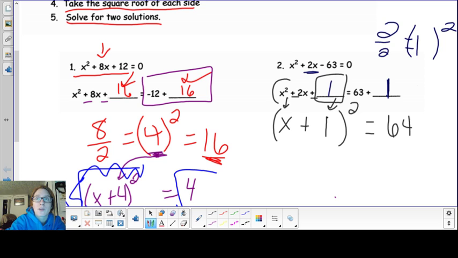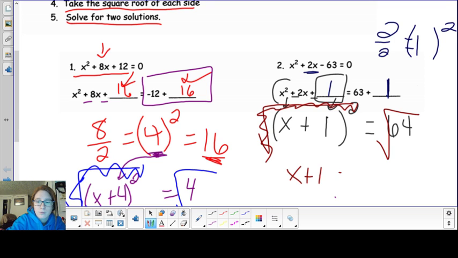Next I'm going to take the square root of both sides. This cancels, so I'm left with x plus 1. The square root of 64 is 8.